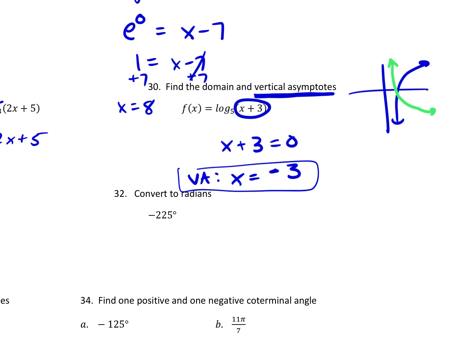Or if we had a reflection on the y-axis, it would flip to go the other way. But here we don't have a reflection, so our domain would just be from negative 3 to infinity, because it's going to the right.